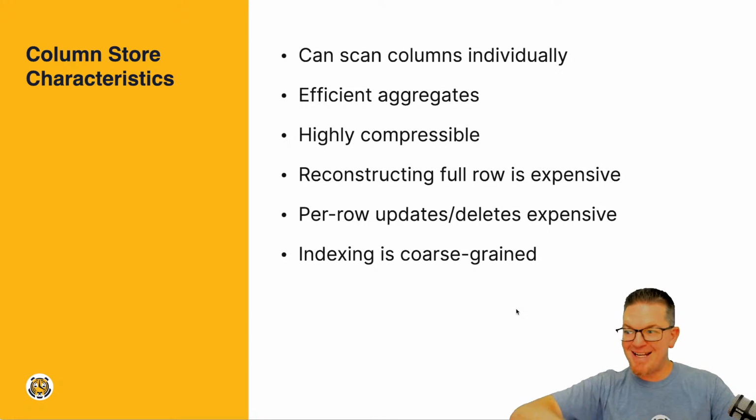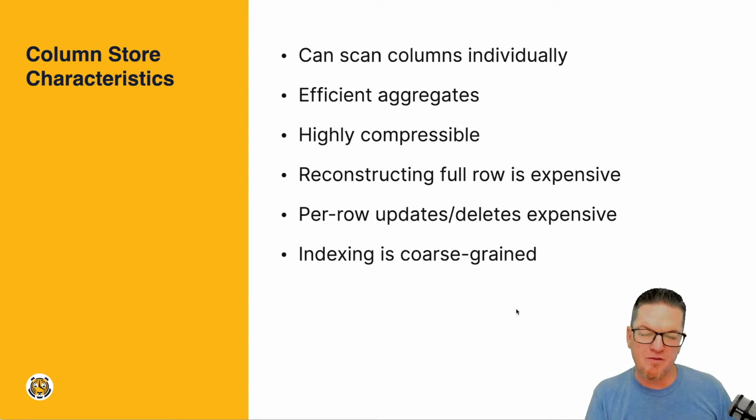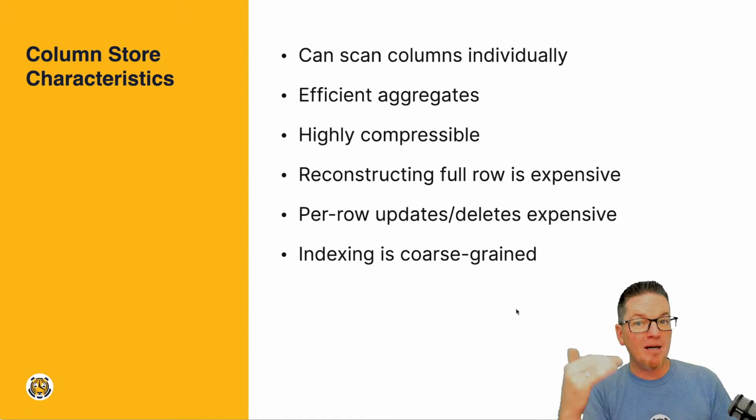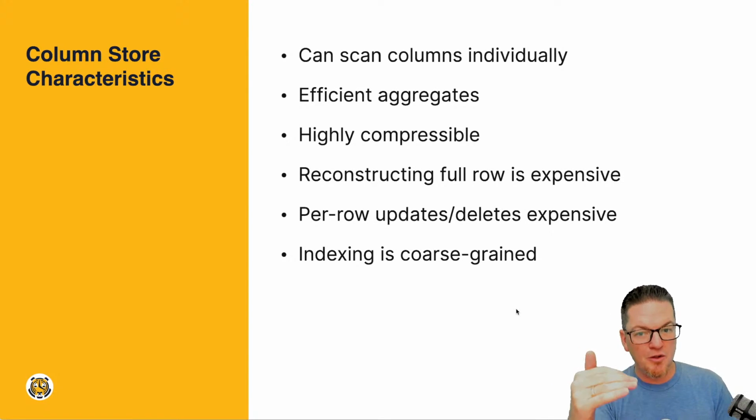I didn't have to get all of the other data. That's a really efficient way of getting your data, especially when you're doing a couple of columns. It's also really compressible. If I have one row with many, many items, all of the same type, I have a number of compression algorithms I can use to get the best compression on that data.